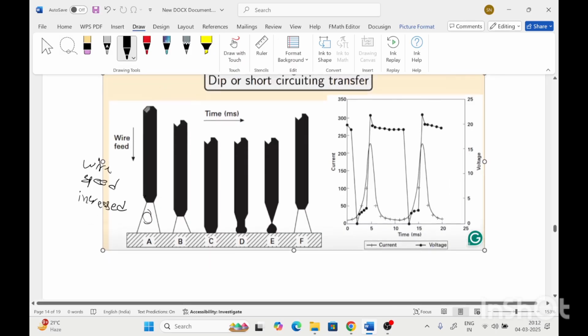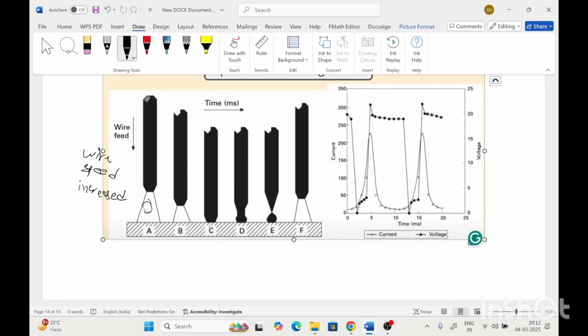So for this dip short circuiting transfer, we have to carefully manage the current and voltage. Means for a certain period when the wire speed increased and the wire comes in contact with the workpiece, at that time the arc will go off and current will decrease to zero.